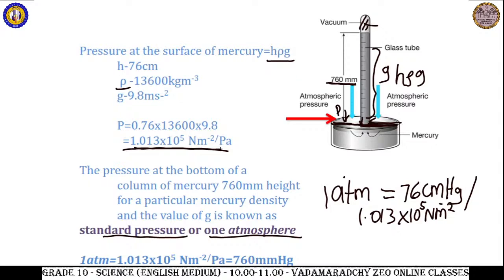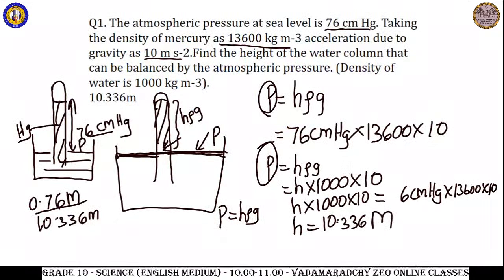That is 1 atmospheric pressure, equal to 76 centimeters of mercury, or 1.013 × 10^5 N m^-2. These are the calculations we have carried out.